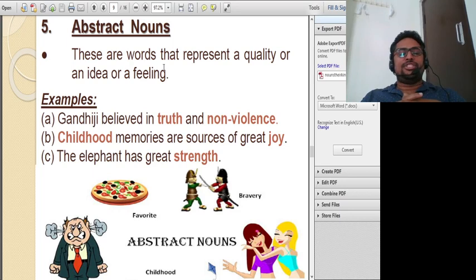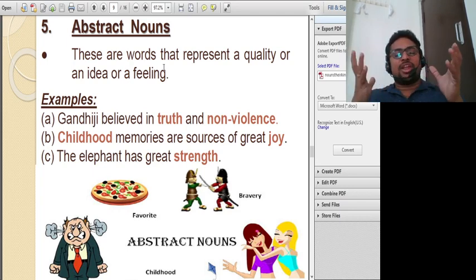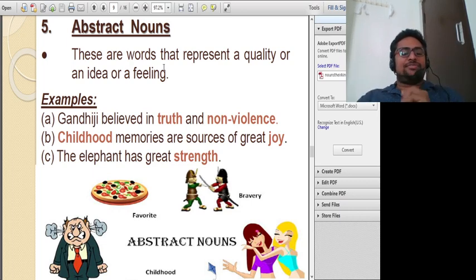Gandhi believed in truth and non-violence. Childhood memories are a source of great joy. Childhood is a noun. What kind of noun is it? It is an abstract noun. Joy is an abstract noun. The elephant has great strength. Strength is also an abstract noun.